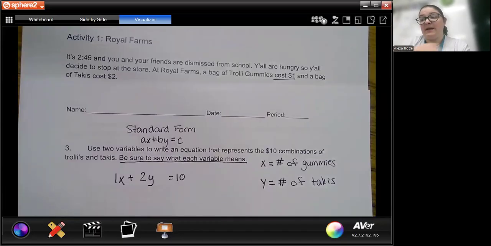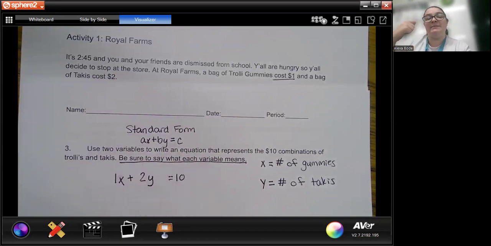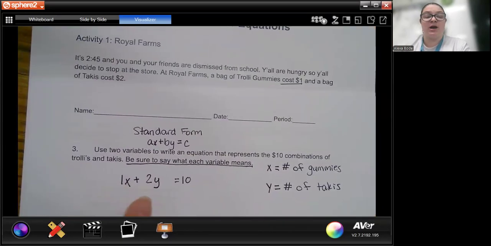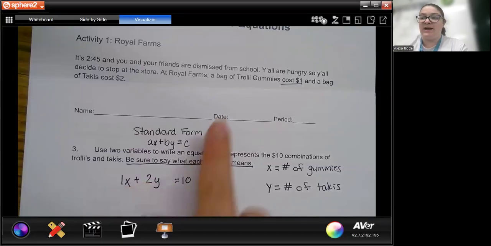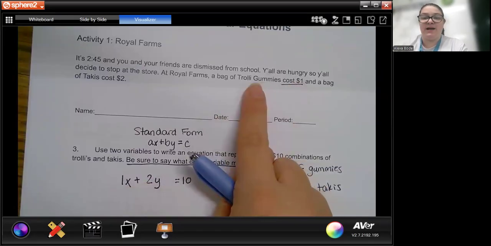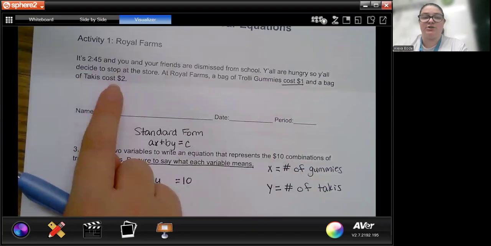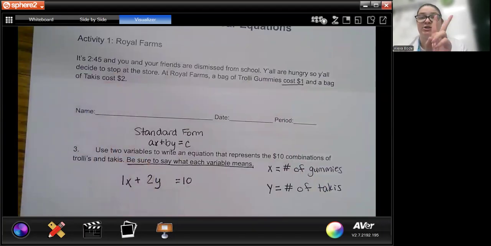It tells me my total amount I can spend, but it doesn't tell me how much I have, and I'm not taking away from the $10. I'm talking about how many gummies and Takis I can spend. And I have 2 unit rates. If you have 2 unit rates, you're going to use that standard form. So I have $1 per bag of gummies, and I have $2 per bag of Takis. So those are my 2 unit rates.